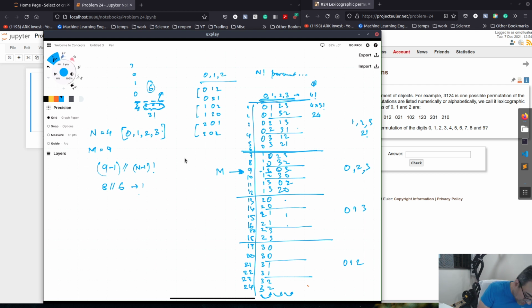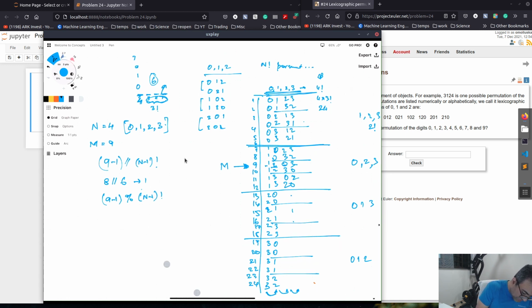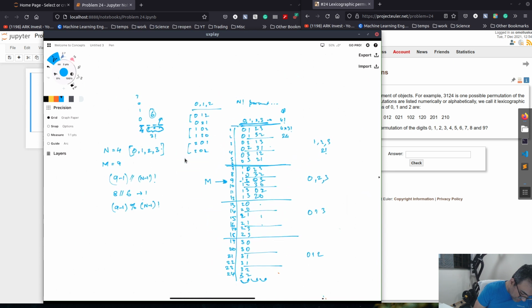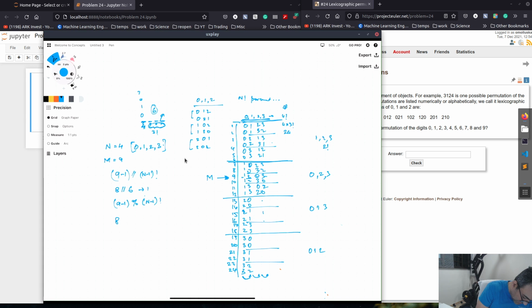So I should do 9 minus 1 modulo n minus 1 factorial. 6 goes into 8 one time, and then there is 2. 8 modulo 6 is, oh, what am I doing?